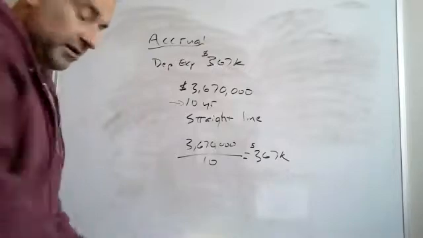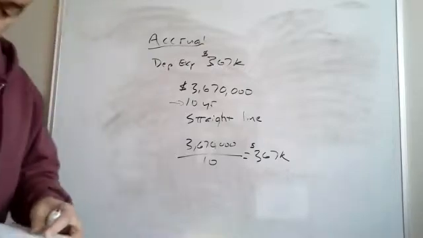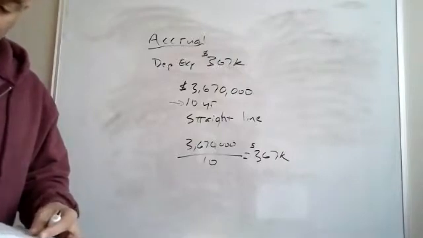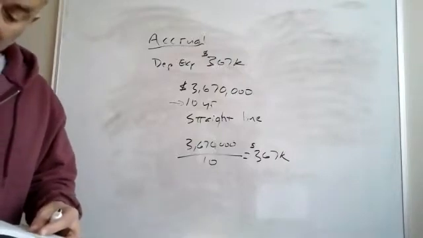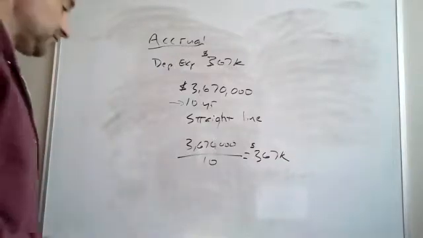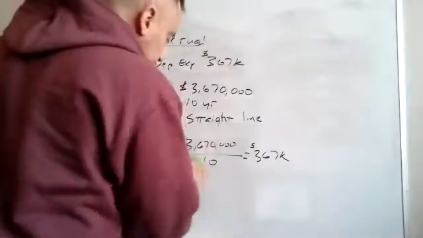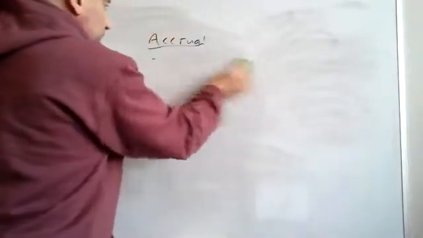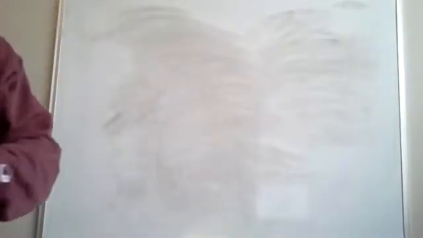And then the third question is, explain the provision for bad debt entry. Bad debt entry is in the wrong place in this problem, as I said when I did 3.1. But bad debt is again an accrual idea.